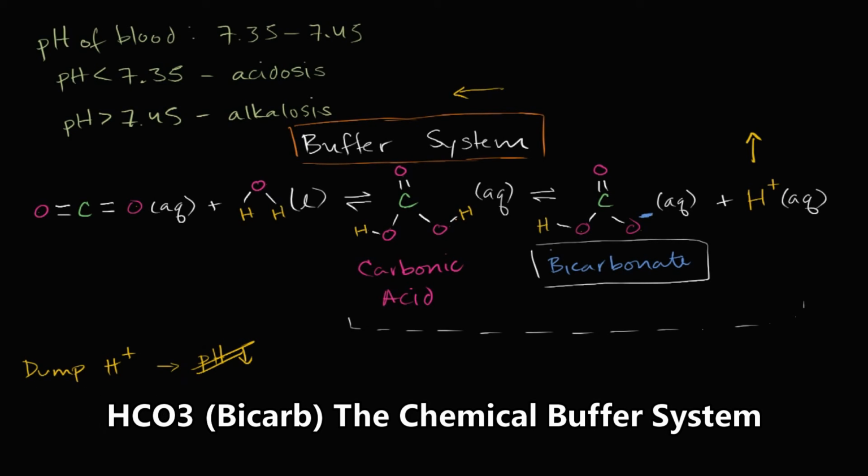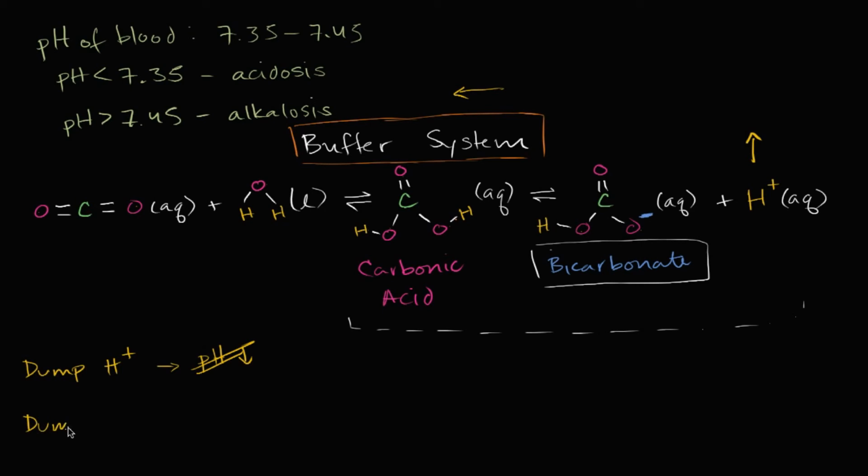And similarly, if you dumped some base in your blood right over here, well, instead of just making your pH go up and possibly giving you alkalosis, now the base is going to sop up the hydrogen ions, and then typically that would just make your pH go up. But if you have fewer hydrogen ions, then you have fewer of these to react, and so the reaction is going to move more and more to the right.